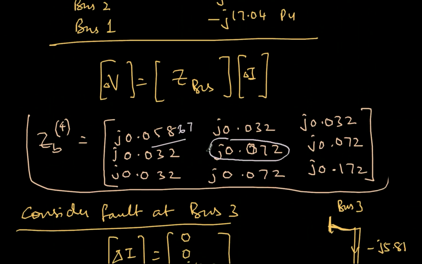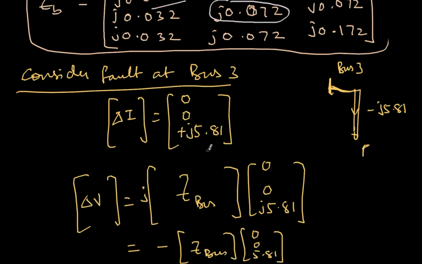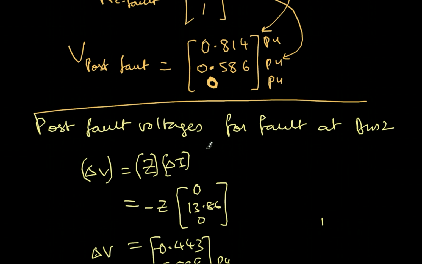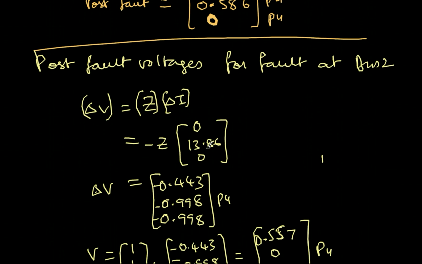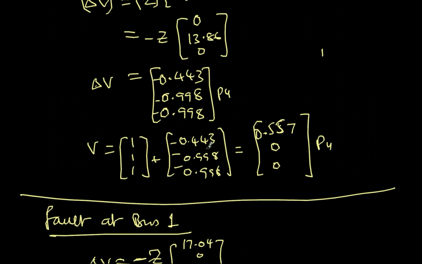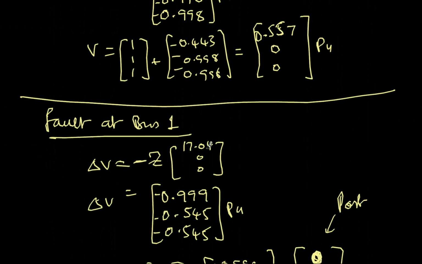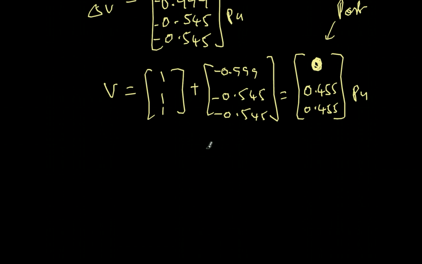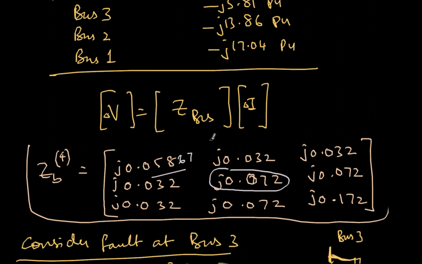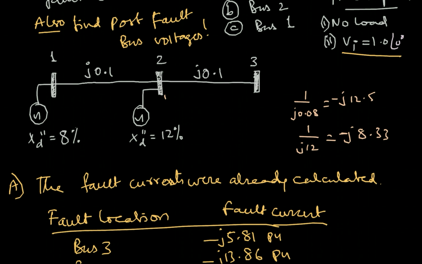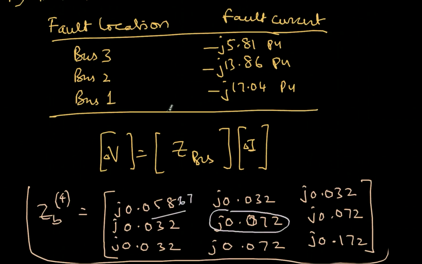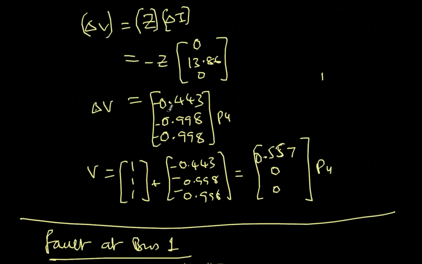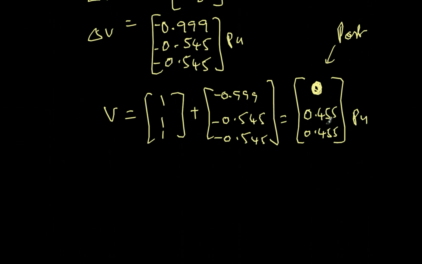So I hope now you understood how to calculate the post-fault voltages. I thought I wouldn't include this topic, I kind of dropped it before. Then suddenly I realized this is also an important topic to know, post-fault voltages. So that's why I had kept it. If the base voltage was 11 kV, it will now be almost less than half of 11 kV.